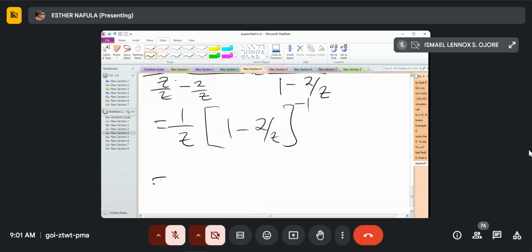If we do that, we have a 1 over z into 1. What do we have inside? The expansion for 1 minus 2 over z. What do we have?